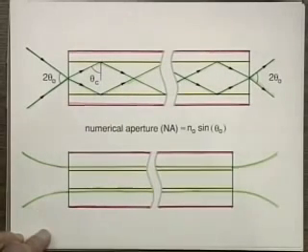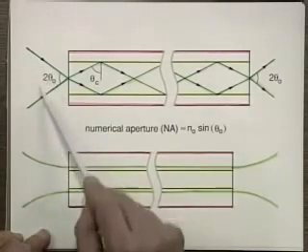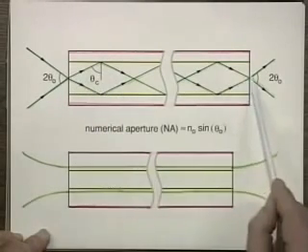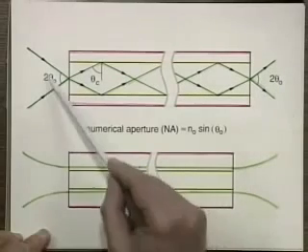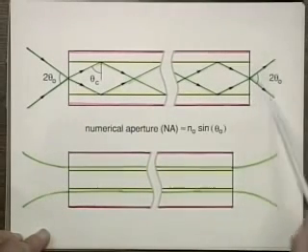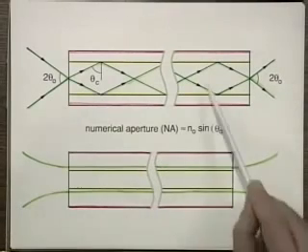All right, so the light within this acceptance cone will propagate within the fiber, and when it comes out, it essentially comes out just like this cone, again with an angle of 2 theta 0. So the light coming out from a fiber expands pretty fast. That's using the ray picture.